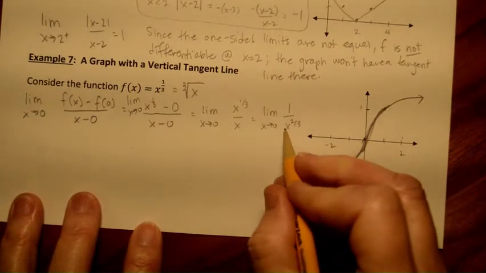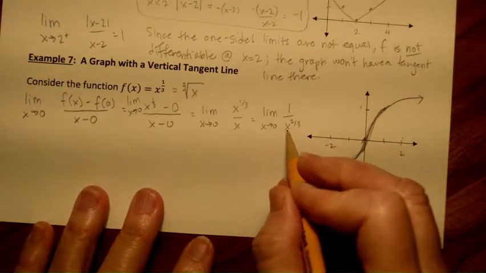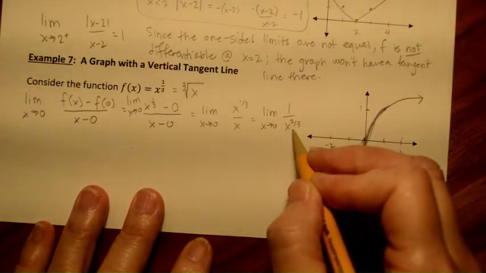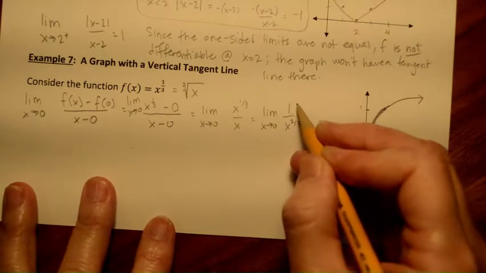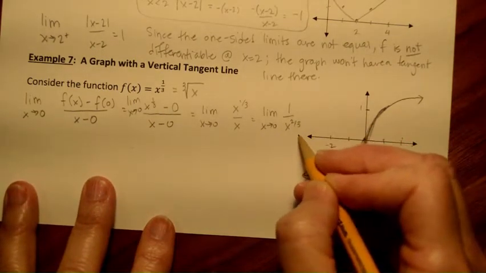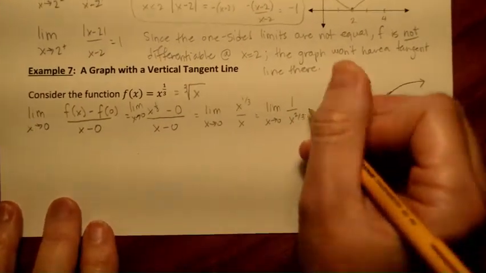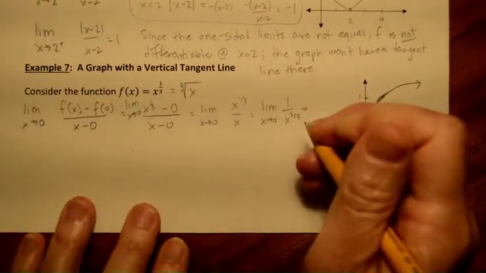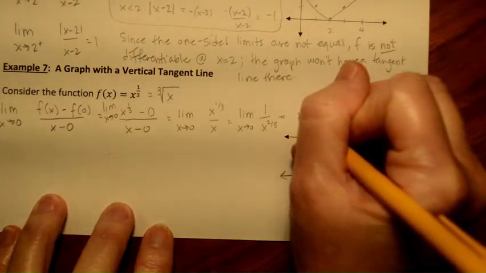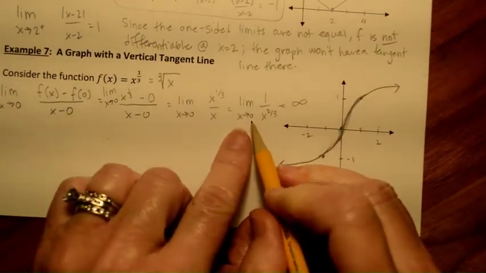As we try to substitute 0 in for x, we end up with 1 over 0. And we know that anything of that form has a vertical asymptote there, and the function is going to infinity. So we're going to say that this is infinite. Let's talk about whether it's positive or negative infinity. It is positive infinity, but let's see why that happens.